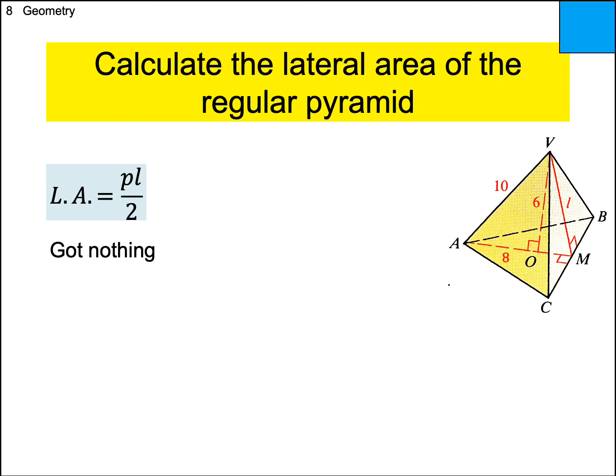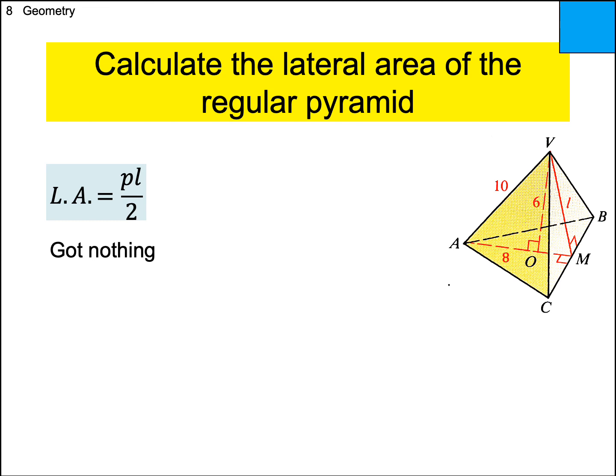Now, you need to remember, if this was a hexagonal pyramid, O would be in the center, so AM would be half on one side, half on the other side. But that's not the case here. In this particular case, since it's a triangle base, O is equidistant from all three sides.